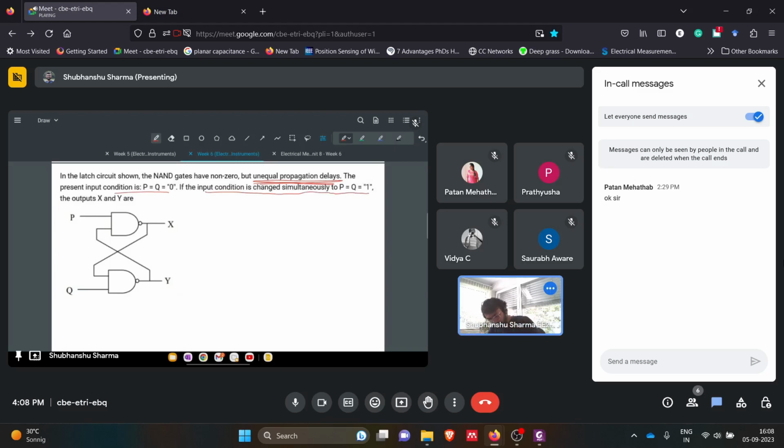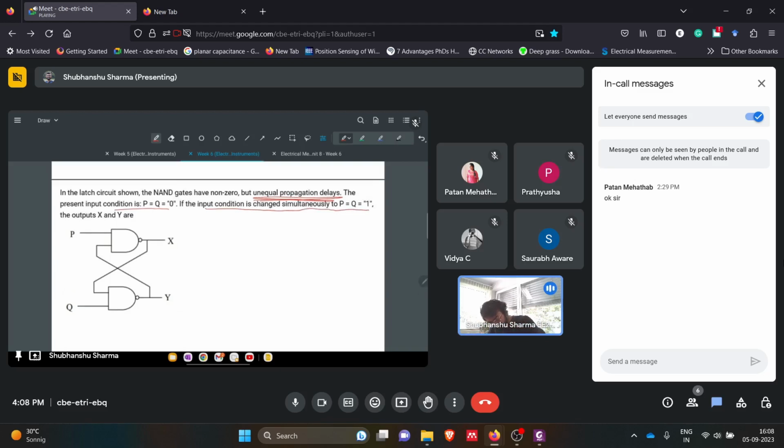We'll have to make one assumption here. Let's say this is TPD 1 and this is TPD 2. So the propagation delay of 1 is less than the TPD of 2.